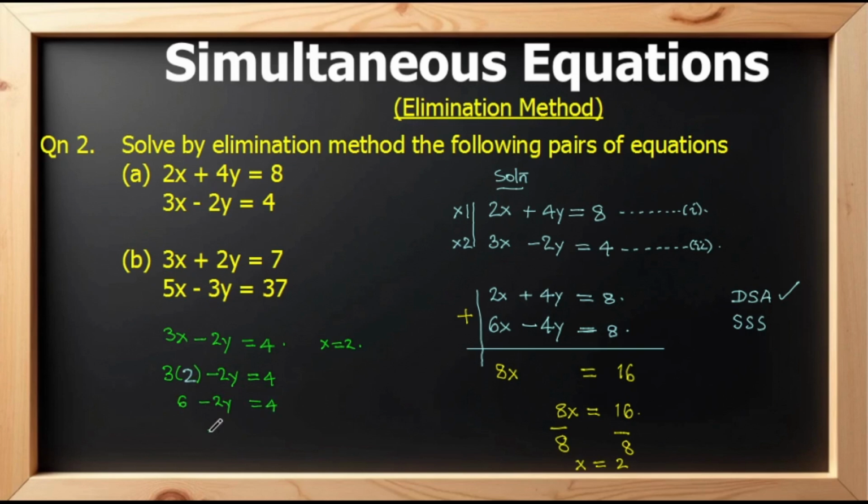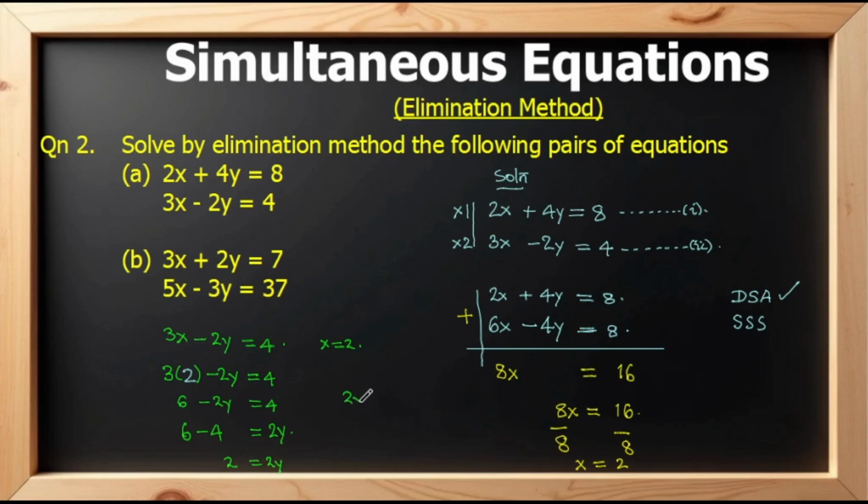Let's collect like terms. Let's take this y to this side, and bring this 4 to the other side. So we have 6 minus 4, and then negative 2y crossing the equal sign will become positive 2y. Now this simplifies to 2 equals 2y.